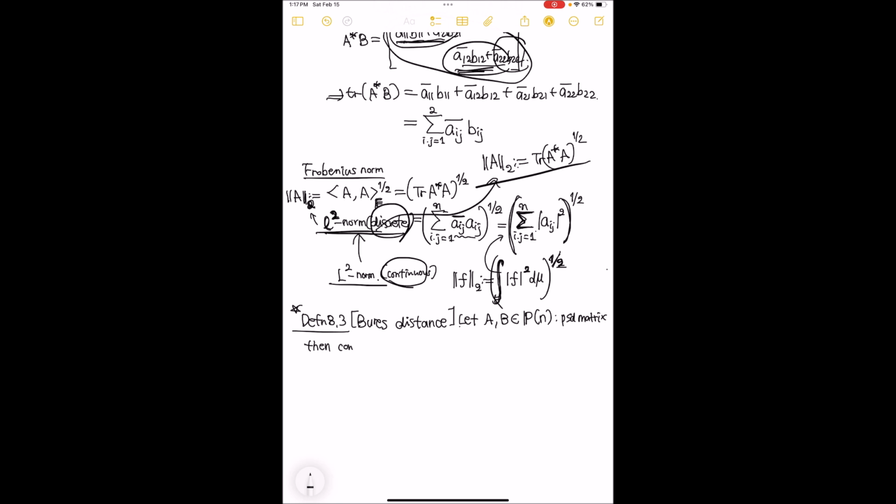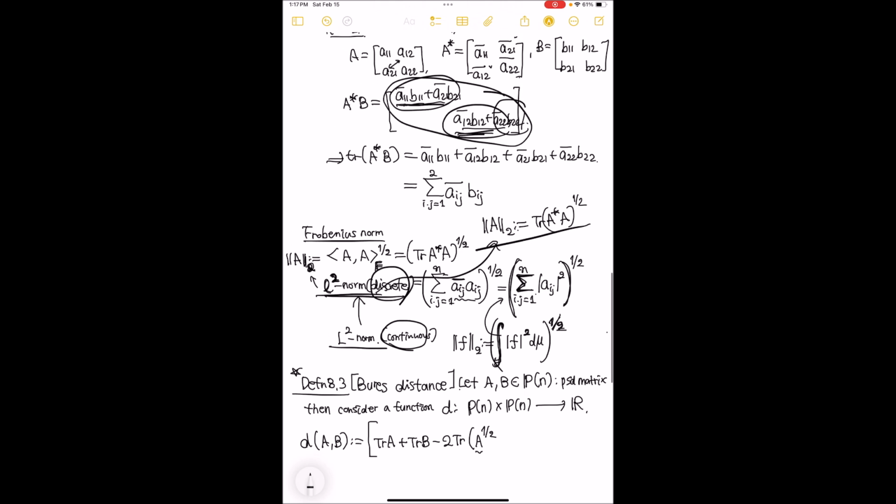Then consider a function D such that D(A,B), for every two positive semi-definite matrices A and B, is defined as trace A plus trace B minus 2 trace of the square root of the square root of A, B, square root of A. It's complicated.